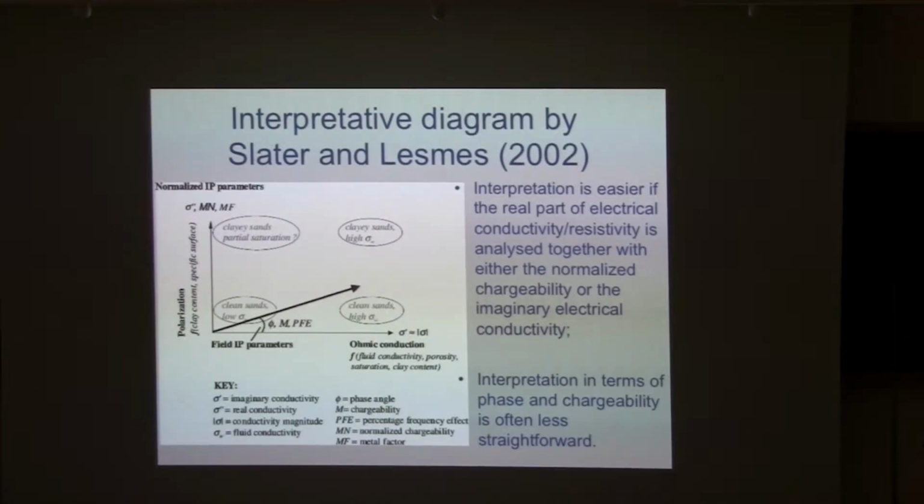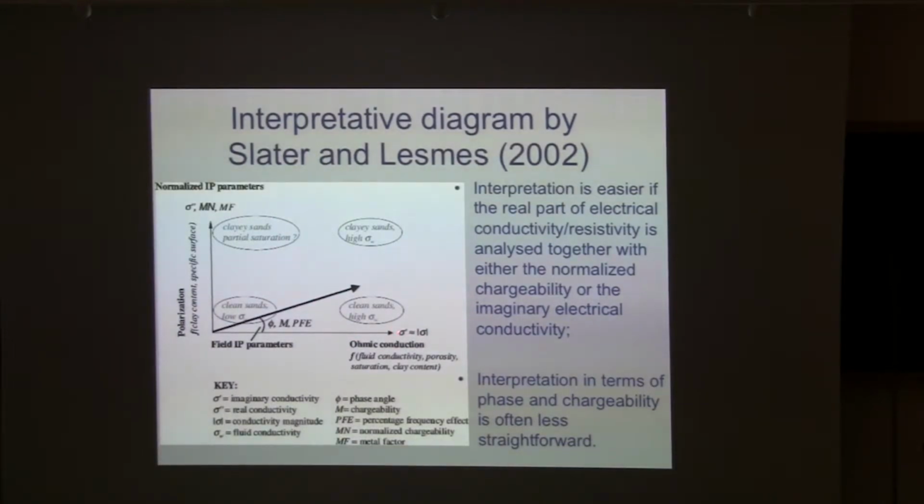So in this way, by combining the conduction and capacitive properties, you can essentially distinguish where you are located. For example, if you have a large imaginary conductivity and low conductivity, well, you're likely to be in a clay sand, maybe in partial saturation.